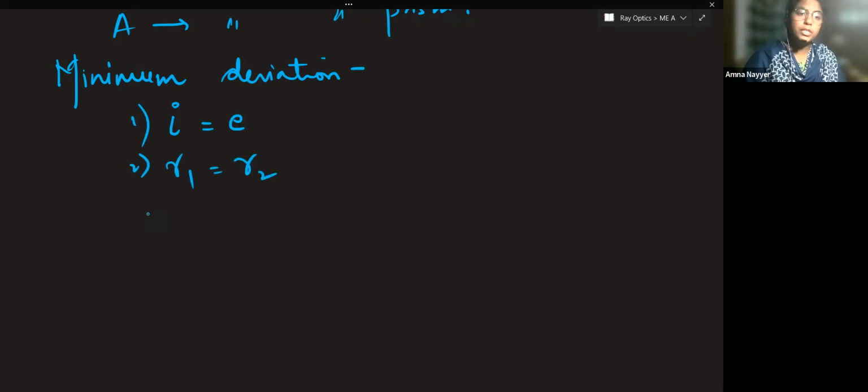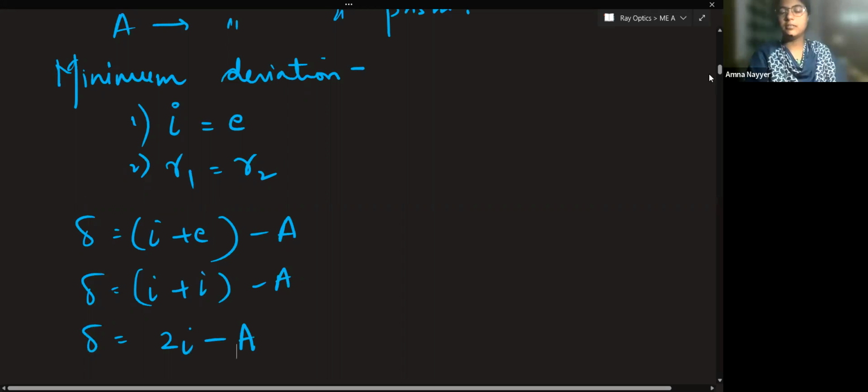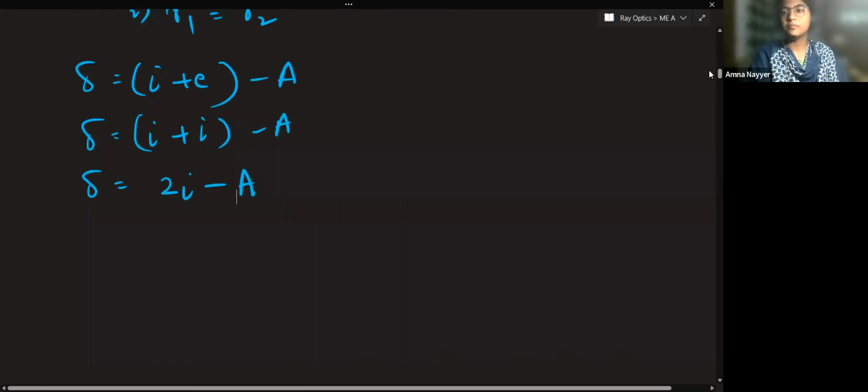So in your equation, delta is equal to I plus E minus A. Instead of E, I'll write I again: I plus I minus A. So delta becomes 2I minus A. From here, how can I write the value of 2I?